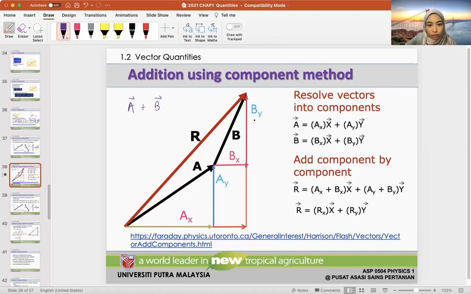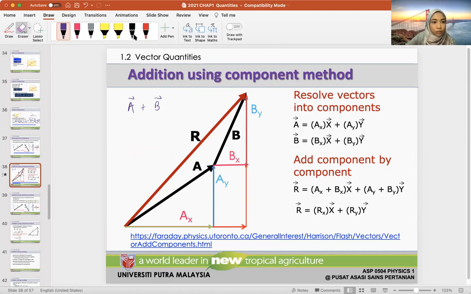So how do we do that? As I told you before, if you're adding vectors, you must be adding the same kind, like Newton plus Newton, meter per second plus meter per second. It must be of the same kind. A and B are not in the same direction, so it's not that straightforward.